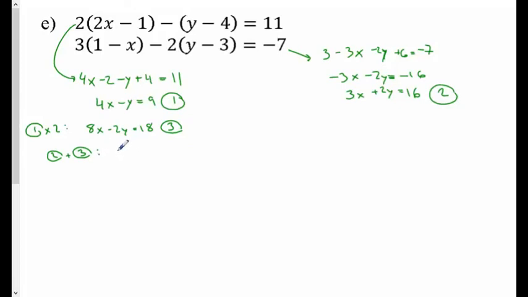When I do that, I end up with 11x, the y's are eliminated, equals 18 plus 16, which is 34. And then divide by 11, I have 34 over 11 for x.